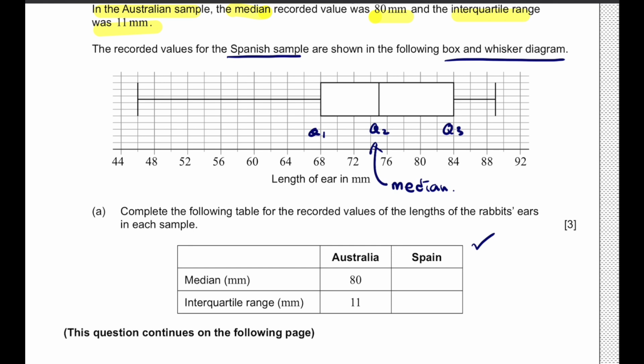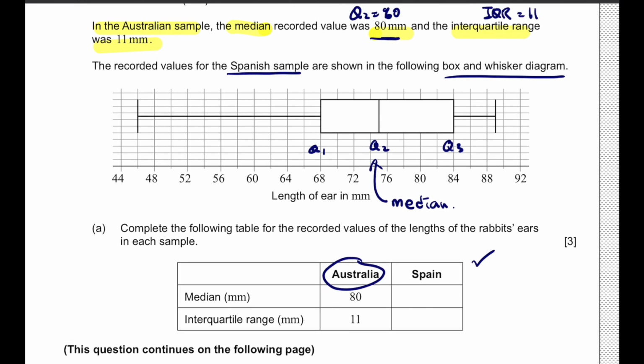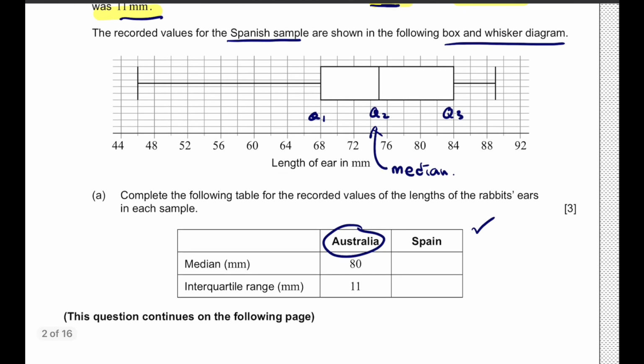So we have the Australian information, which was given here, 80 millimeters and 11 millimeters. Then Spain's median value is this Q2 line here, so we can say that it is about 75.